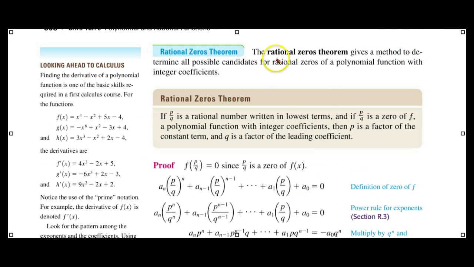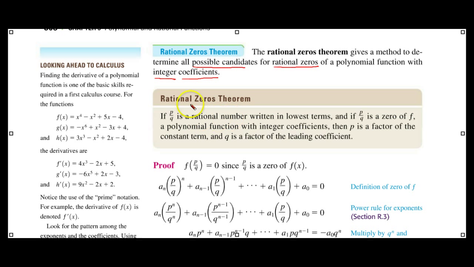Okay, we're now going on to the rational zeros theorem, which gives a method to determine all possible candidates for the rational zeros of a polynomial function with integer coefficients. These are whole numbers in a sense, could be negative or positive, but whole numbers.